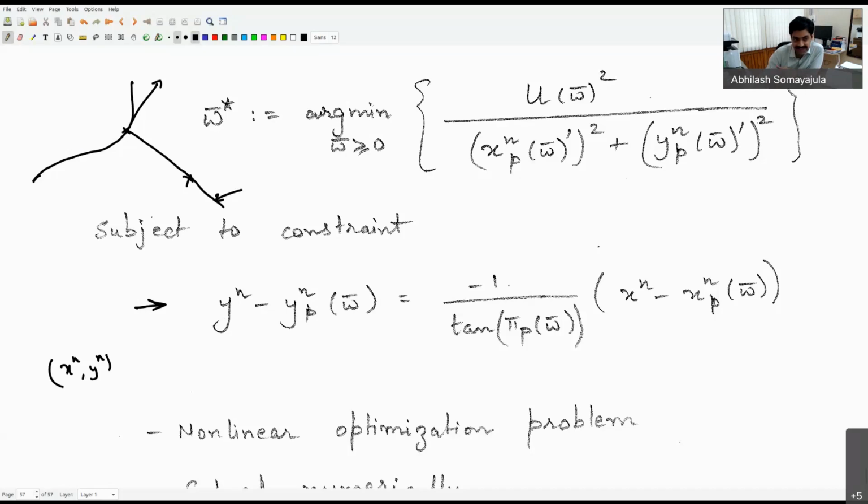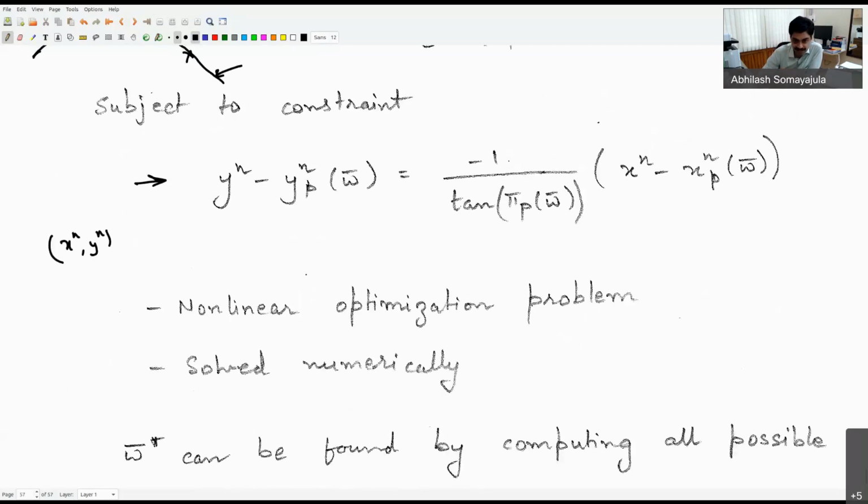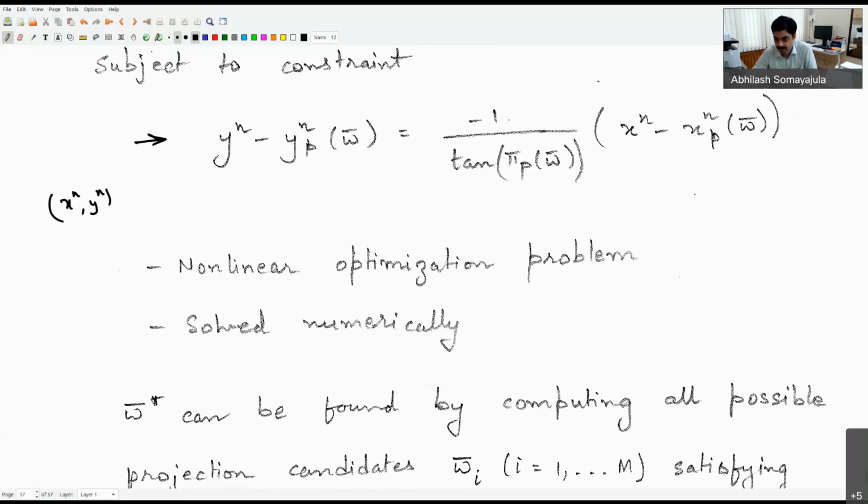Yes, sir. The challenge is there may be multiple such points. In a curved path, there may be multiple points where I may be able to draw a tangent such that the normal at that point will actually pass through this one. So let's say, for example, this is my point. The path is tangential here, and the path is also tangential here.